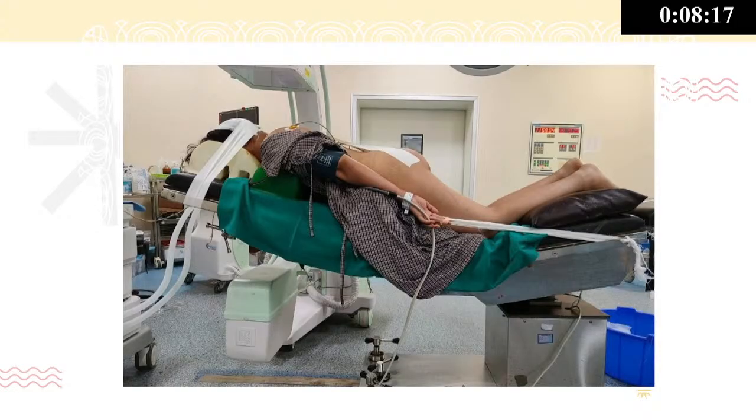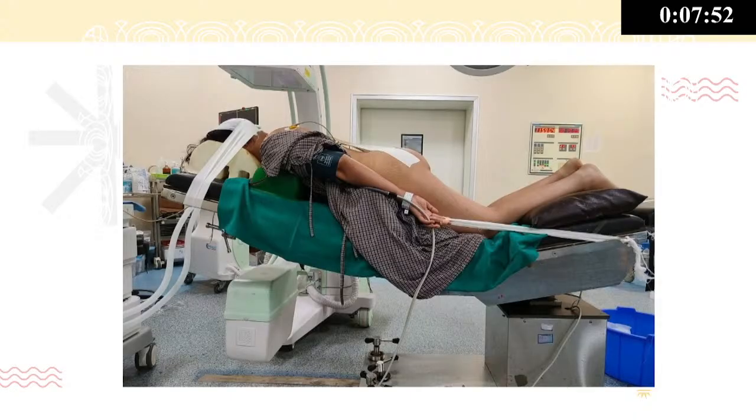The main key point here is you have to align the disc space that is to be operated to be perpendicular to the floor. This is the main key point over here. So this is the position. If you look at this position over here, the patient has been fixed to the table on a silicone head frame, radiolucent bolsters.